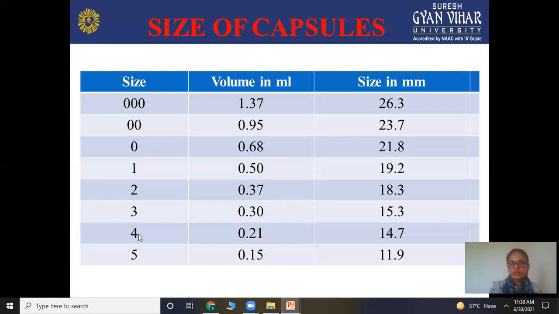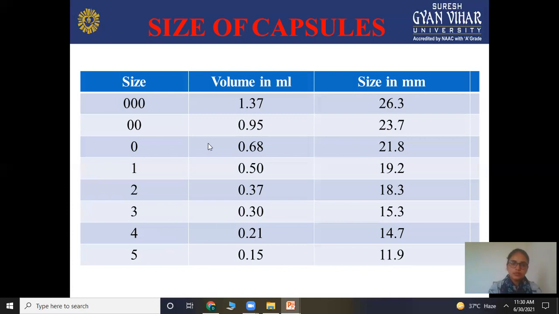Next size is 4, and volume filled is 0.21 ml and size is 14.7 mm. And the fifth capsule, or last smallest size capsule, is number 5. It is very small in size, and volume filled is only 0.15 ml and the size is 11.9 mm.